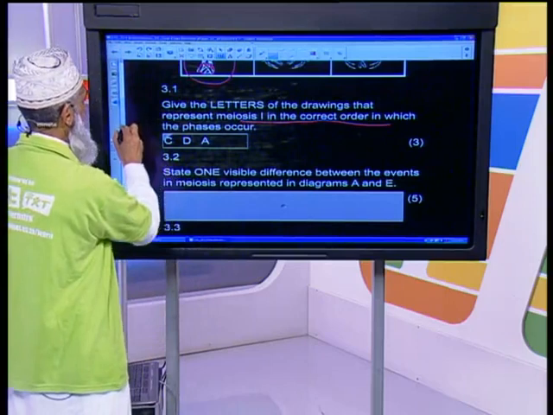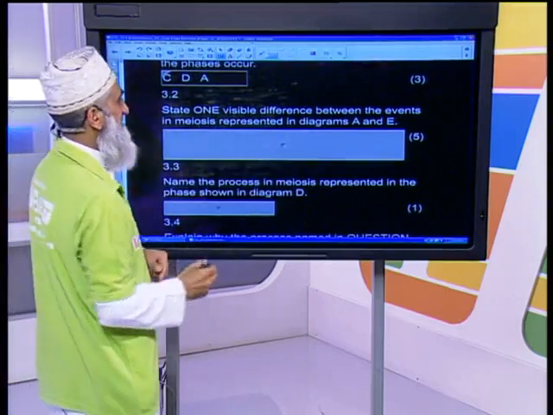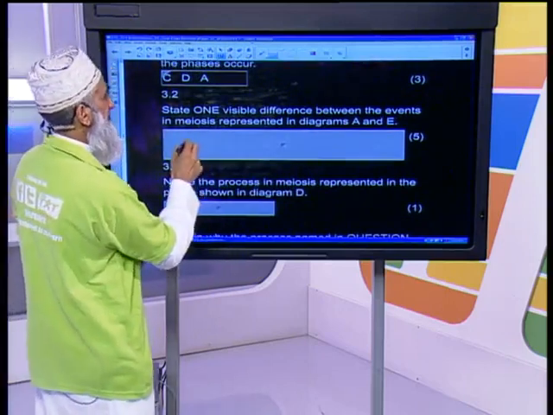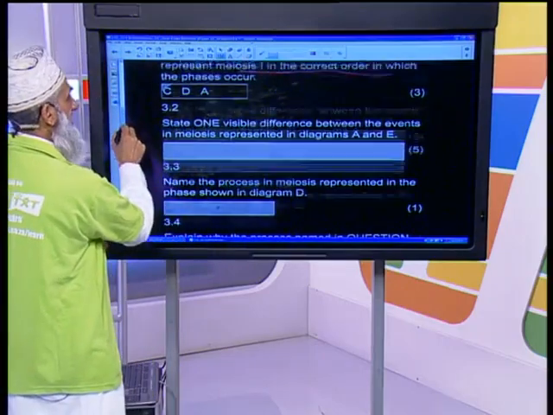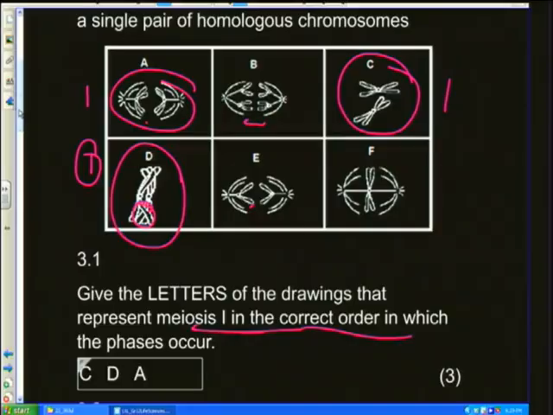State one visible difference between the events in meiosis represented in diagrams A and E. That's A, what's happening there is anaphase 1, and this is anaphase 2. By now, without looking at the diagrams, you could have said so. But they ask you specifically only the differences between these two phases as you can see them there.